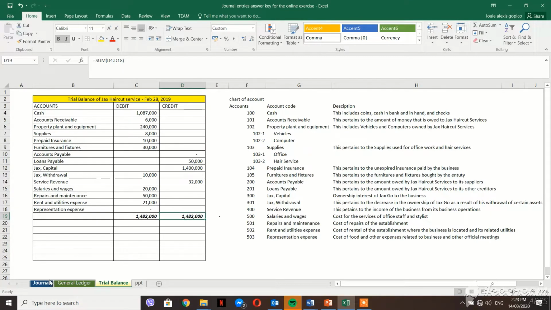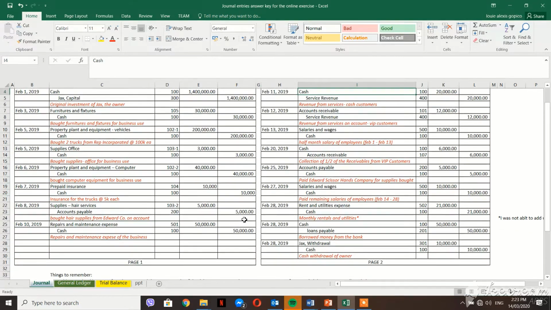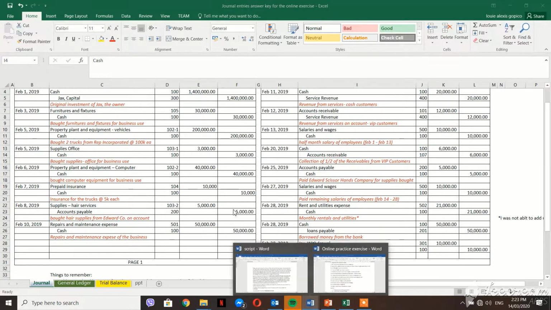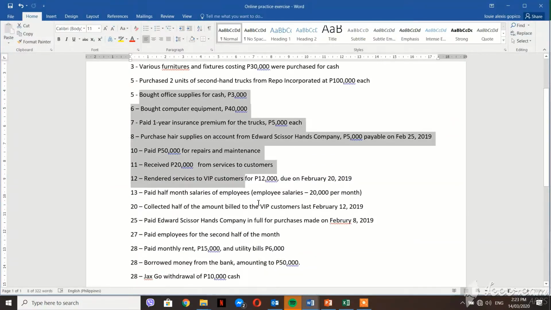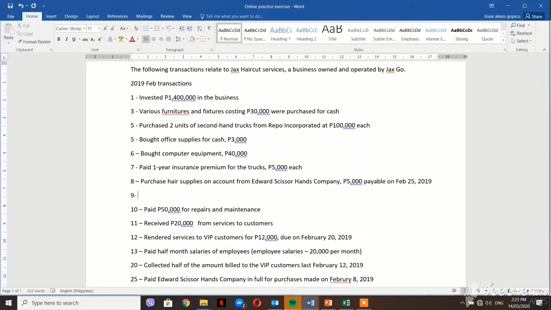So for example, in this journal entry, meron palang transaction. So there are transactions that we have not considered. For example, February 9, for example. February 9. So there is a transaction that was not included.